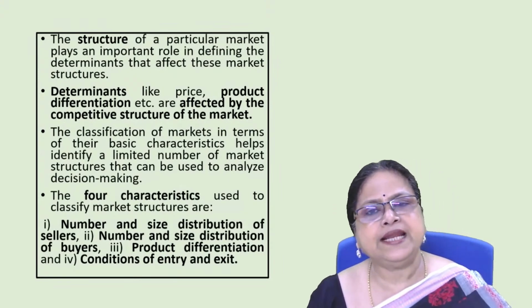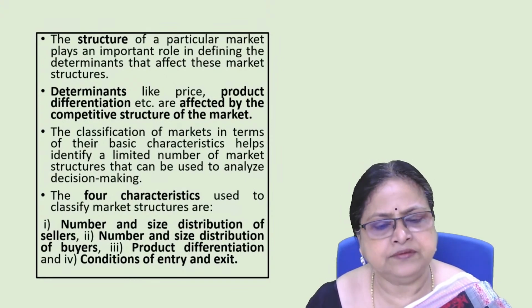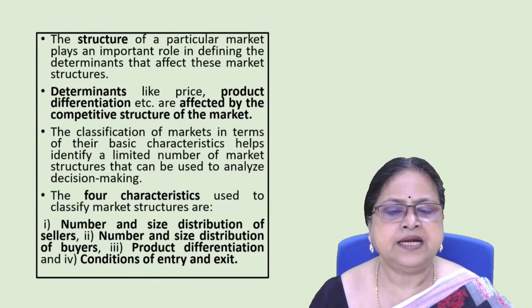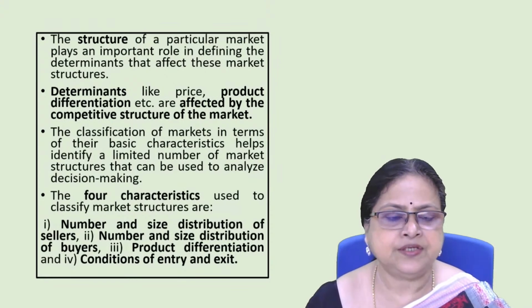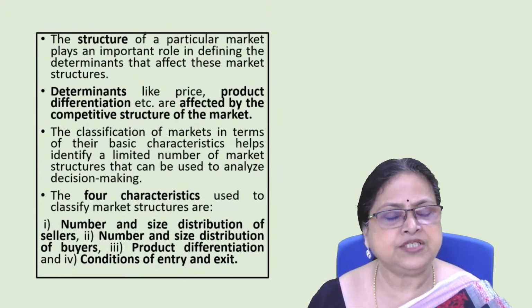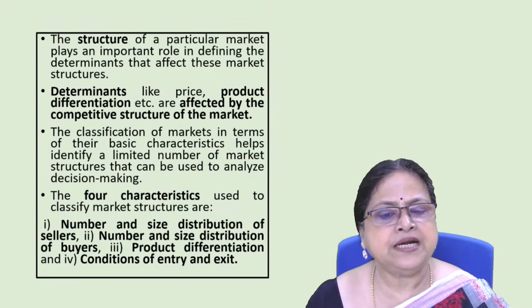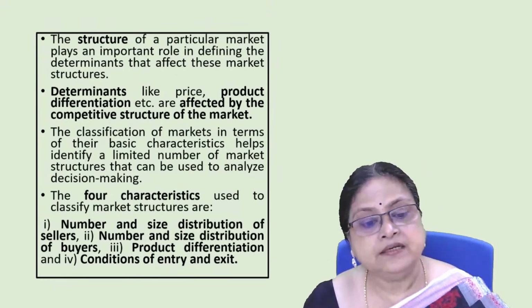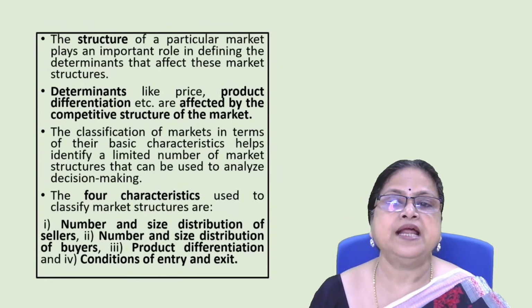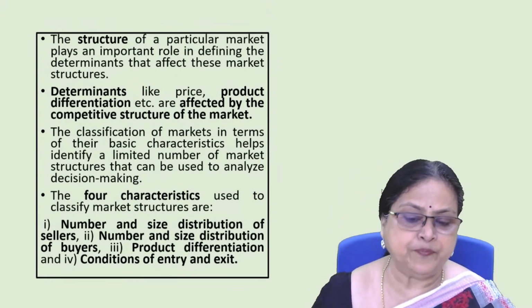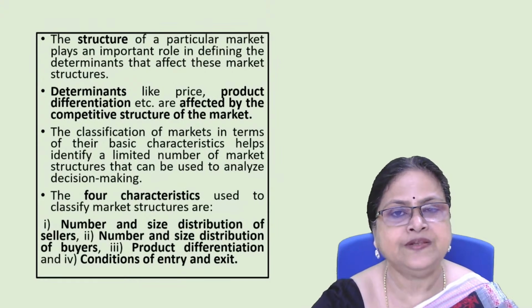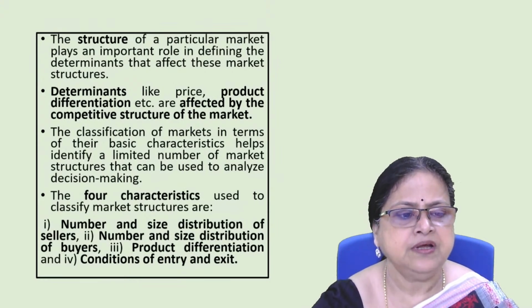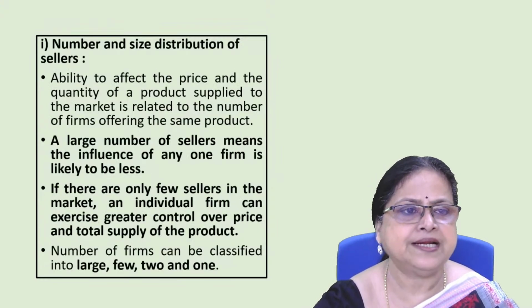The four major characteristics used to classify market structures are number and size distribution of sellers, number and size distribution of buyers, product differentiation, and conditions of entry and exit. These four are the important concepts which classify the market structure.